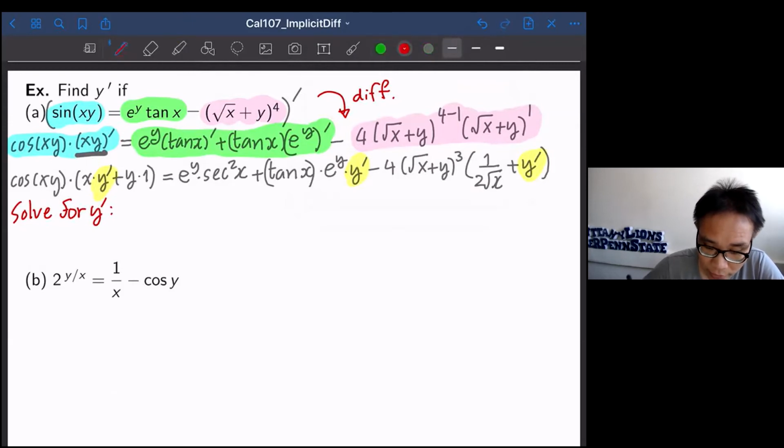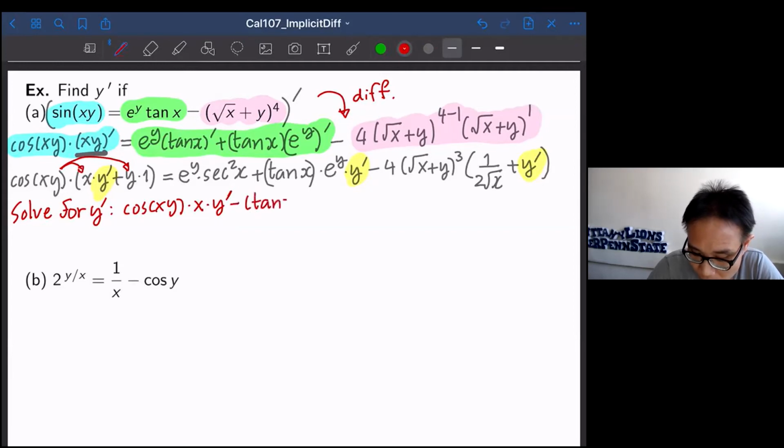So in this case, be careful a little bit. You need to multiply cos xy to each term first. So it's gonna be cos xy multiplied with x times y prime. Okay, so this is one term. Another term on the right side will be negative tan x e to the y prime.